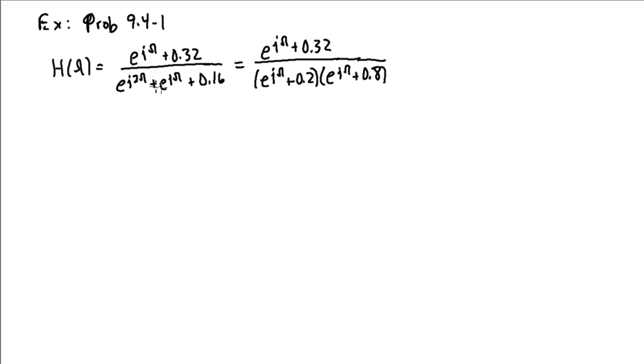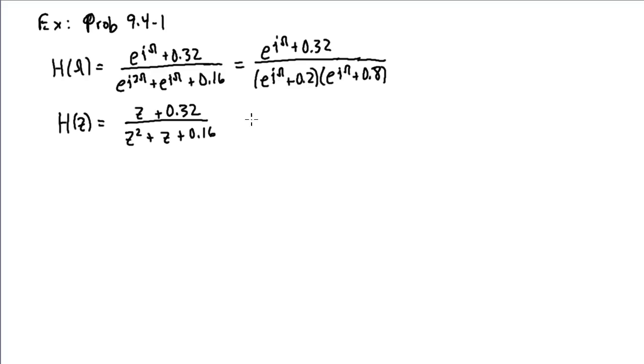If you don't see that factorization, it might be helpful to revert back to the transfer function, where since this is e to the j 2 omega and z is equivalent to e to the j omega, this term is z squared plus z plus 0.16. And of course, maybe that makes it a little easier to see that this is going to factor into z plus 0.2 and z plus 0.8, and then restoring our e to the j omega terms, we get this factorization.